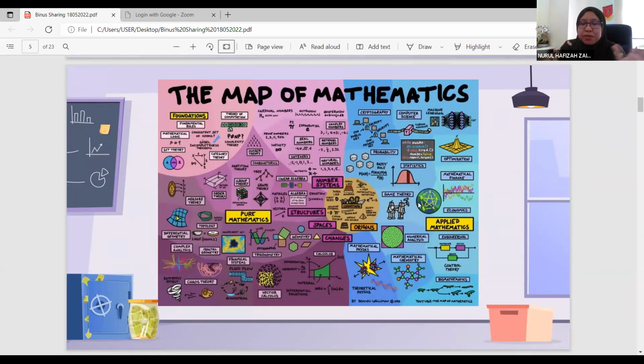So we start with the origin, how people back then calculated. They did not have a calculator, of course. So how did they calculate? They used a bone and put a tick, a mark on the bone, 1, 2, 3, 4, and then they learned about grouping the marks.